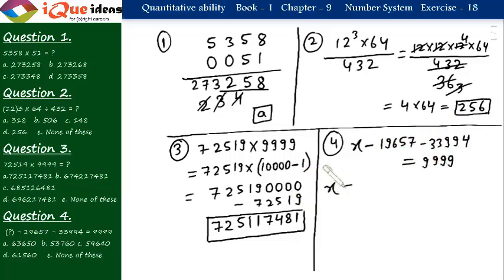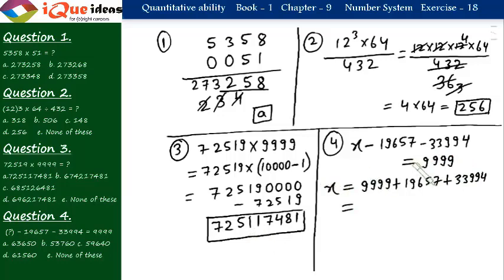Alright. So let's do one thing. Send both the negative values to the other side so that they add up to the right hand side. It becomes 9999 plus 19657 plus 33994. Right? Add all of them now.